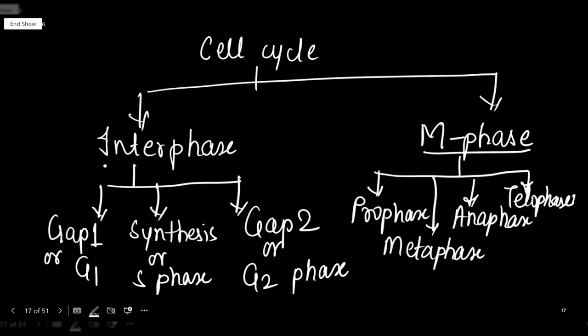Once the cell covers all the phases from here to here, the cell division will be complete. Maybe you are finding it a little hard to learn all the names, but trust me, once you understand what is happening, it will be so easy to learn. And I will make sure that you learn it easily.